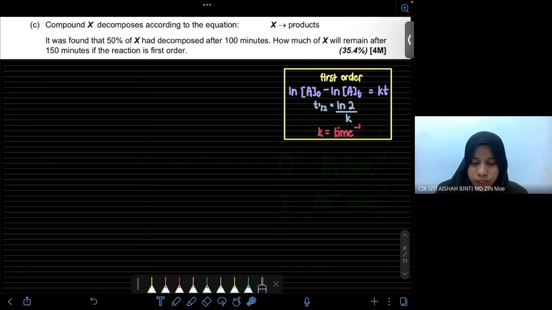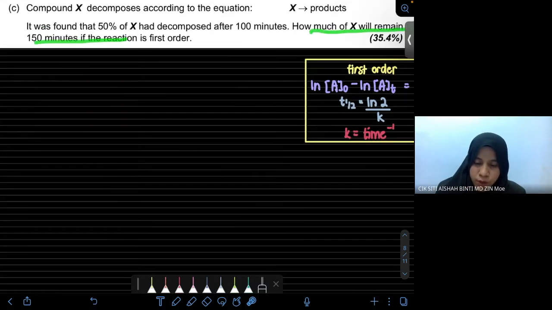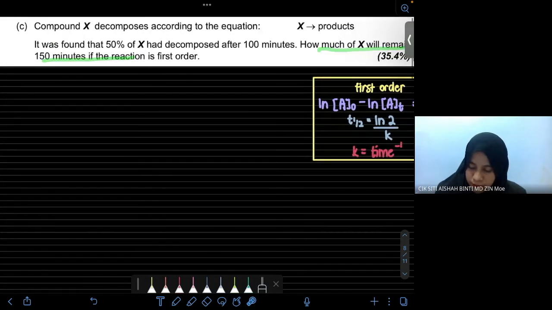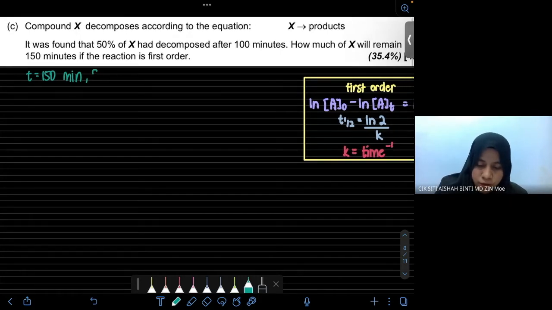Okay, so let's look here. It tells us how much of X will remain after 150 minutes. So the time is 150 minutes, but how much of X will remain? That means what is the concentration of X?